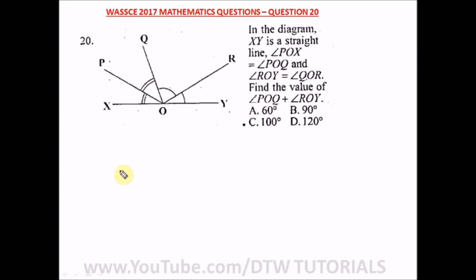All right. Question 20 of our WASSCE 2017 mathematics past questions. That's your WAEC 2017 past question. It says in the diagram, XY is a straight line. Angle POX is equal to angle POQ, and ROY is equal to QOR.